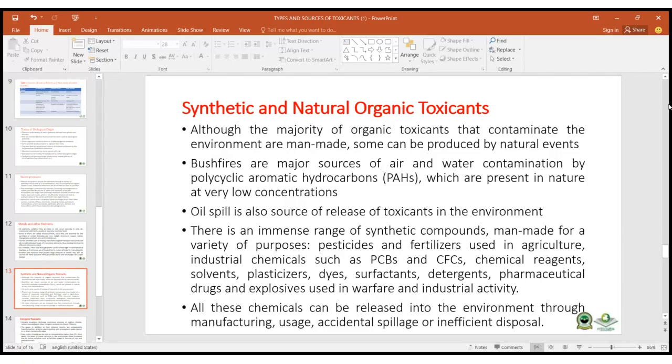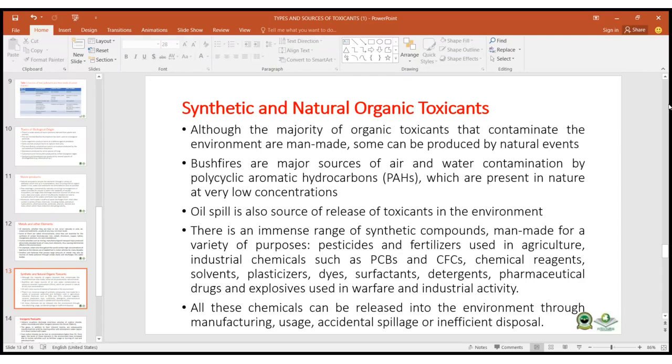There is an immense range of synthetic compounds, man-made for a variety of purposes. For instance, pesticides and fertilizers used in agriculture.